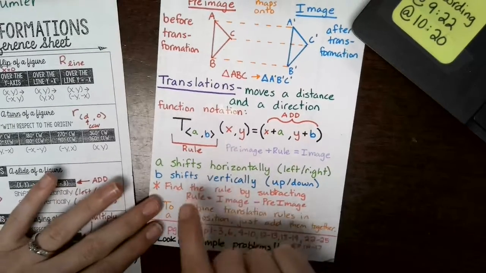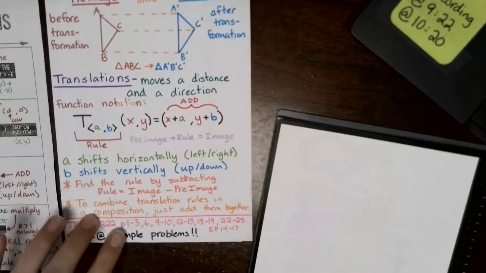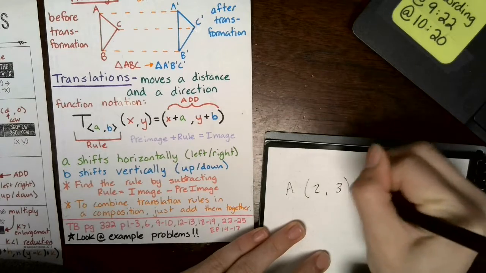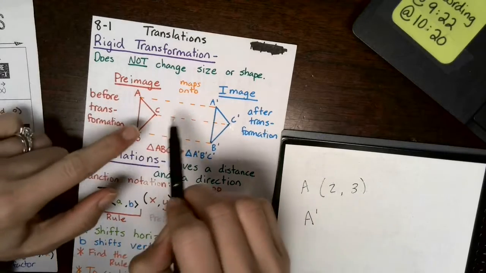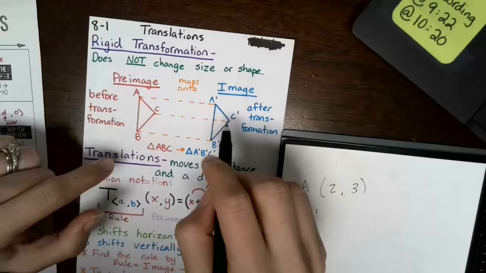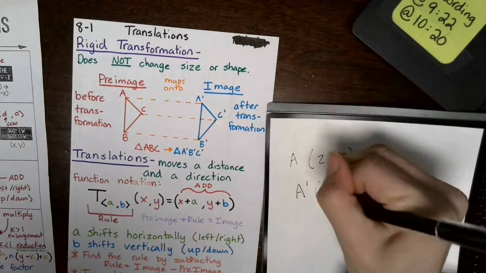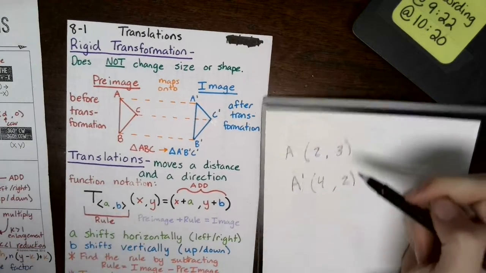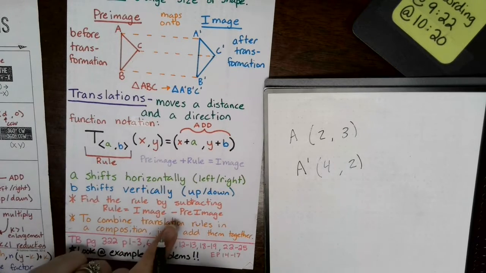Now, if we're given 2 points, we can find the rule. So if we're saying, hey, what is the rule that maps this point A, 2, 3, onto its image? This is the pre-image, A, B, C, and the image is called A prime, B prime, C prime, okay? So that's what the little apostrophe is. That means prime. So if I'm saying what maps this onto this, to find the rule, I would do image minus pre-image.